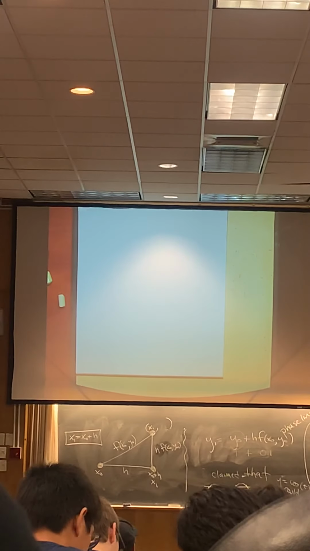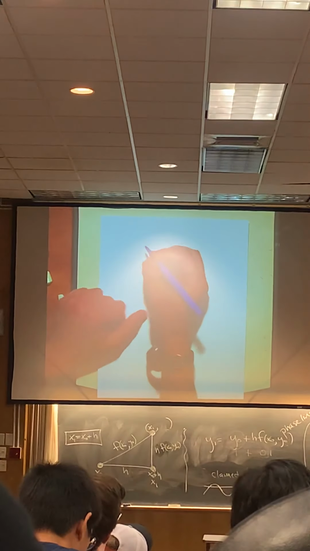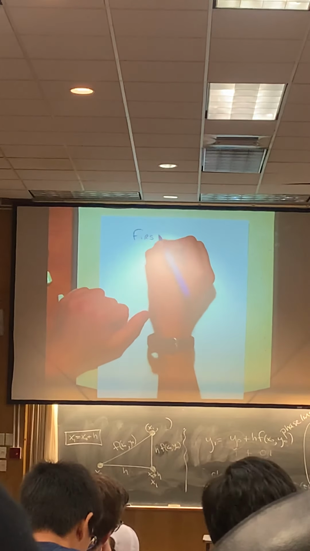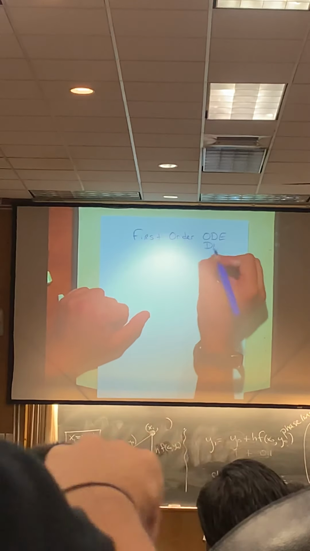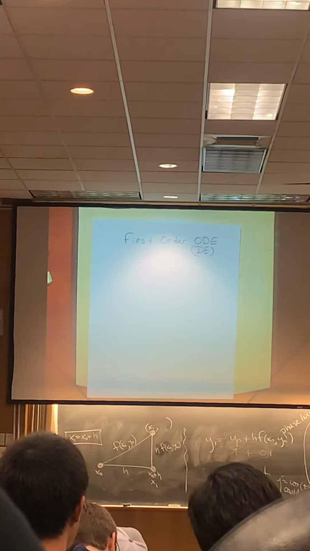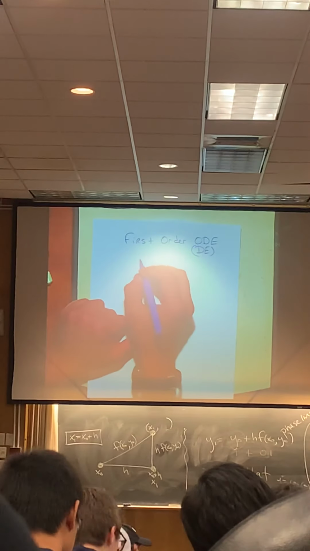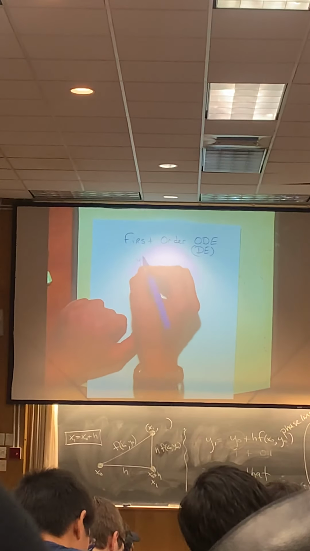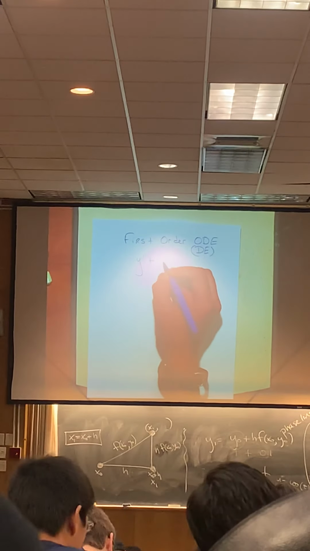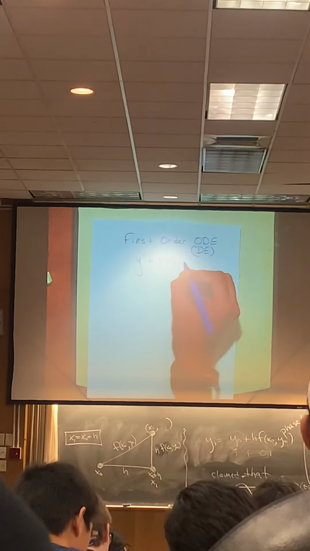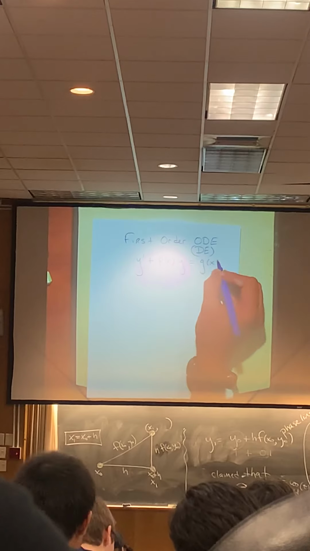And then I can now go and solve a new equation, a first order differential equation. What is the shape of the first order differential equation? It's a slope there, a y prime, plus p(x) times y equals q(x) or g(x) right there.